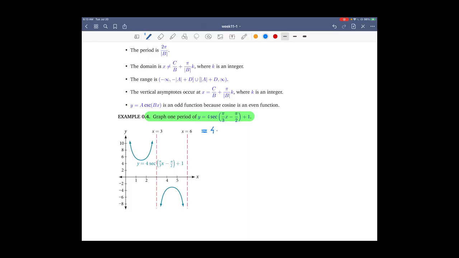We can write secant as 1 over cosine of pi over 3x minus pi over 2, plus 1. That is the definition of secant.